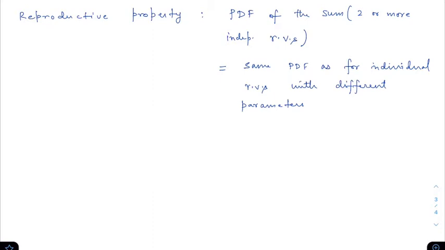So let's say x and y are two independent random variables, and both are distributed according to a binomial PDF with parameter p.